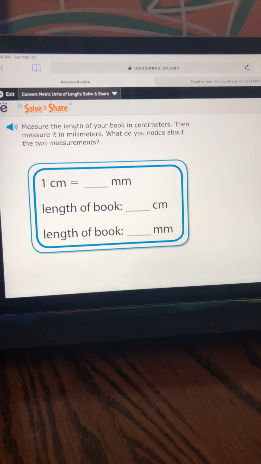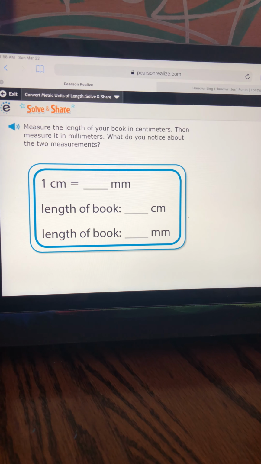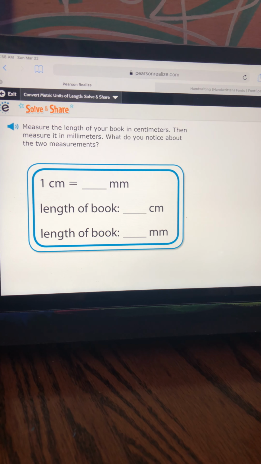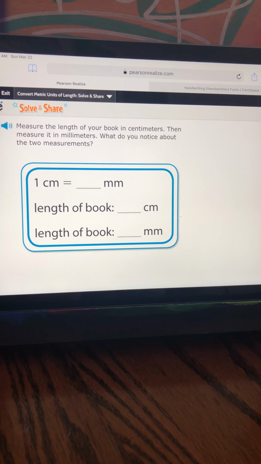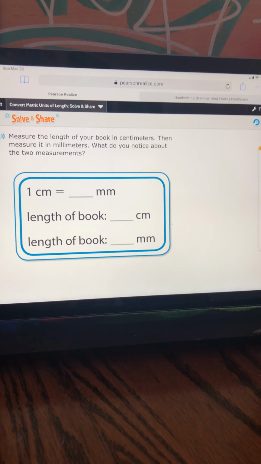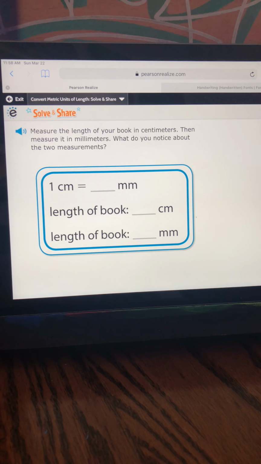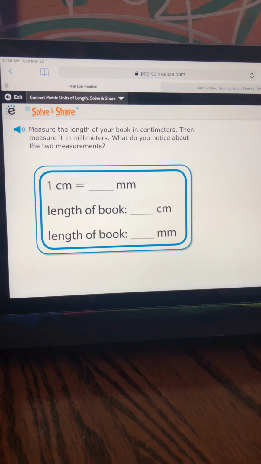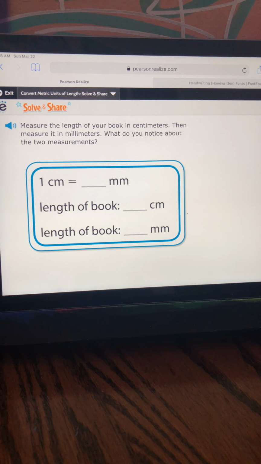There's also a video I included about King Henry that helps you to understand the different units. We're going to be working with meters, liters, and grams. Today we're just going to focus on meters, which is just used for length. So I'm going to give you some examples and show you how you can do this at home to convert measurements from one unit to another. So here we go.